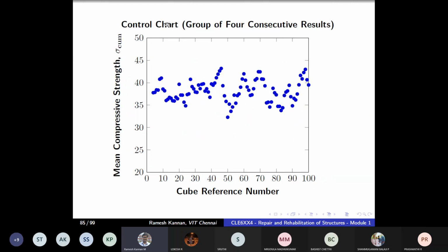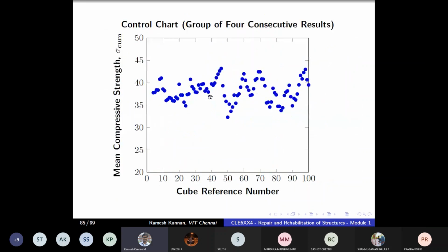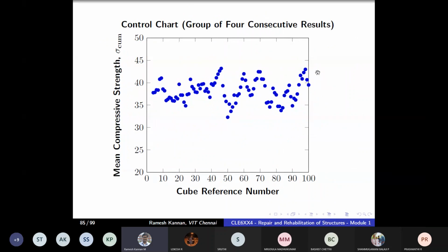The next is mean compressive strength in terms of 4 consecutive groups. We take the 4-point moving average, then we plot that. So you see this is holistic, and we cannot really understand what these are, and it's all scattered randomly, and this one has got some correlation. So the density you can see, here's one density, and probably here is another density, and here probably another density.